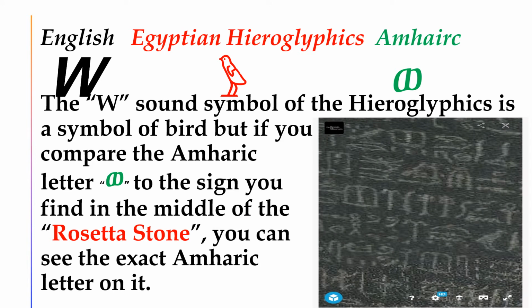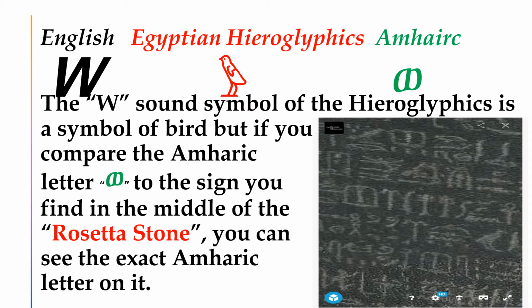And what's so amazing here is that if you see the Rosetta Stone, the Rosetta Stone is a stone inscribed by the Egyptian hieroglyphics, Greek, and some other language. And on this Egyptian hieroglyphics, on the Rosetta Stone, you can see the Amharic symbol for W, for the W sign.